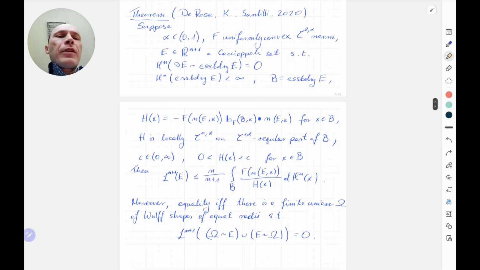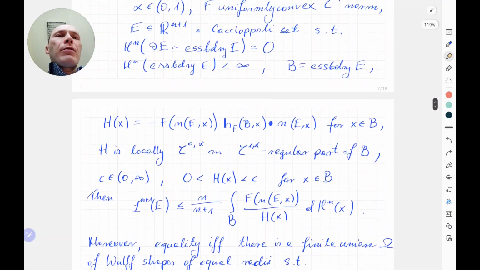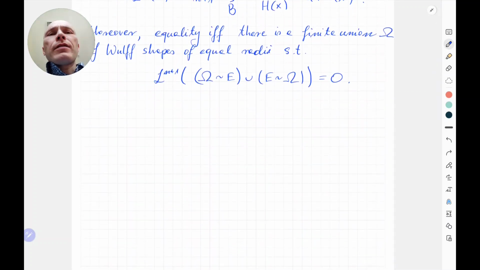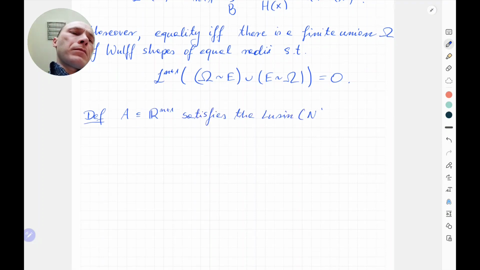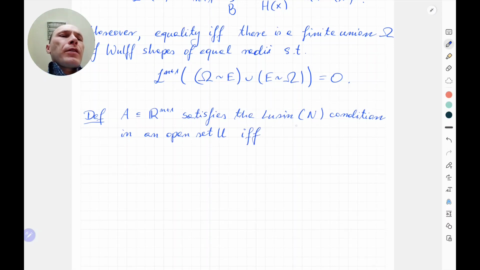So there are two pillars on which our proof stands. One is the so-called Lusin N condition. So let me define what it says. Definition: A is said to satisfy the Lusin N condition in some open set U if the following implication holds.